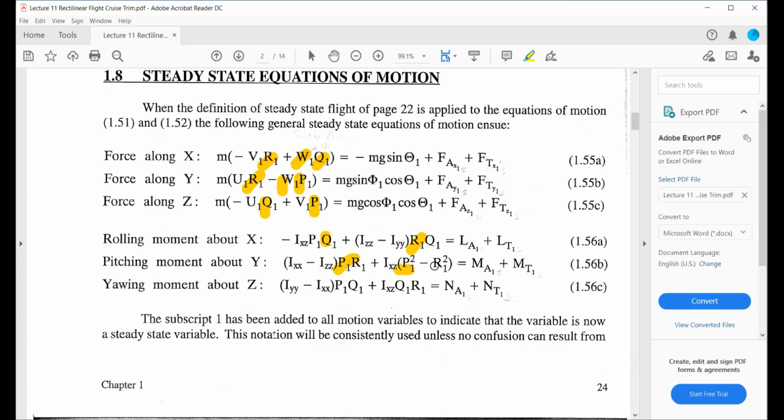So a lot of stuff goes away. So the equations become really simple.